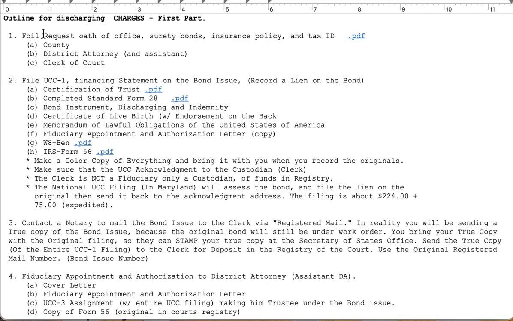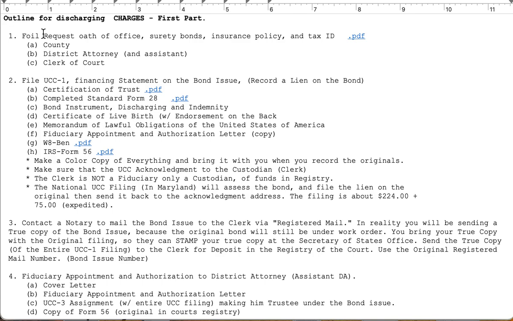Now, in this scenario, the idea here is that we want to discharge the charges in a criminal matter. So I'm going to try to stay solely on the private side, or the equitable side, of the discharge, not dealing with the criminal side of the matter.